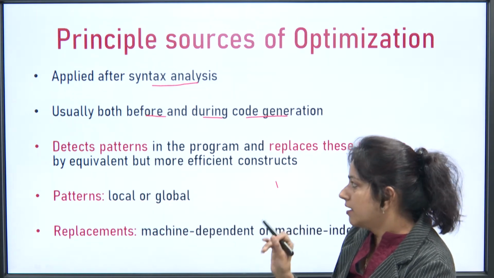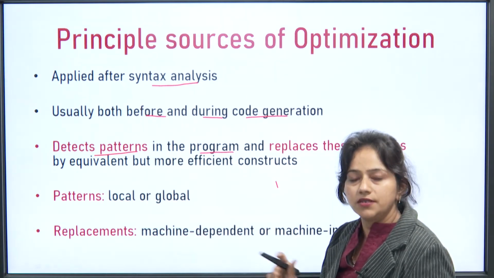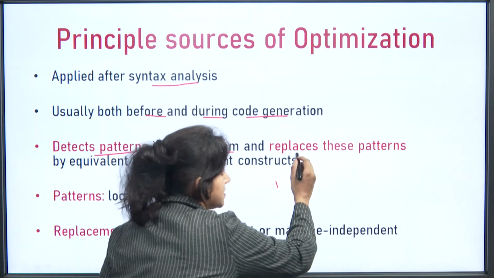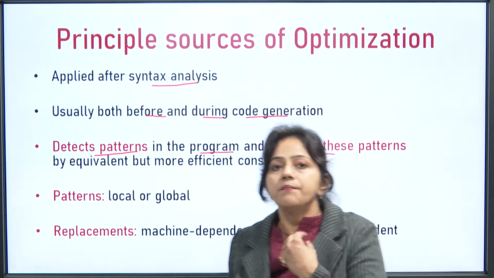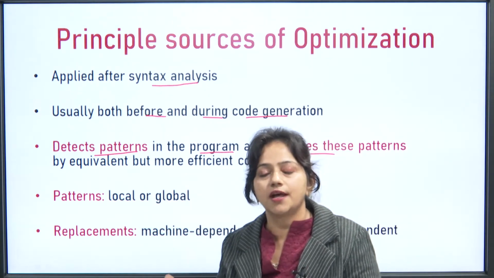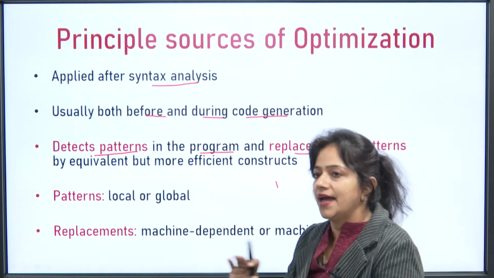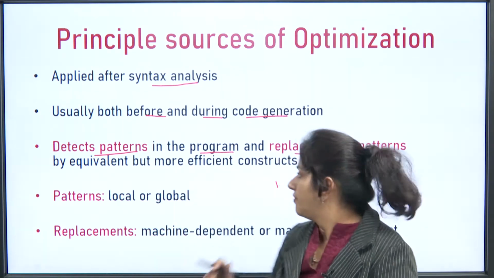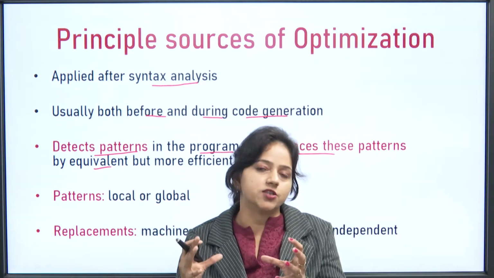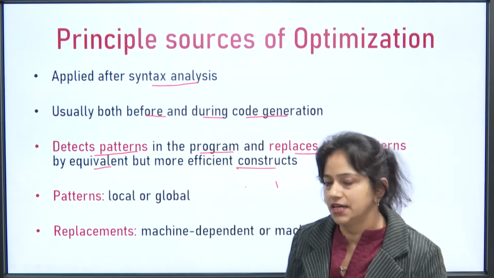In this technique, we detect patterns in the program and then replace these patterns with an equivalent version, one that is efficient in terms of the constructs used in it. They should be equivalent in nature in terms of computation. And what is the criteria for a pattern?